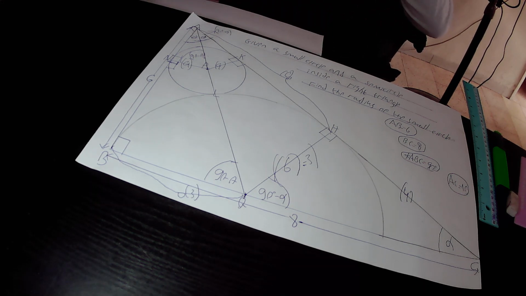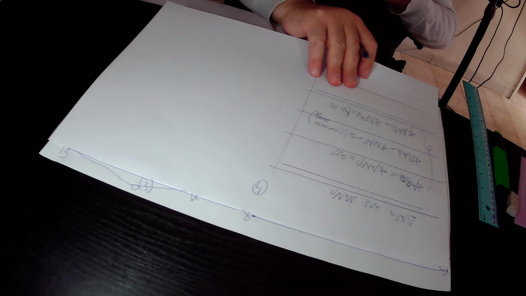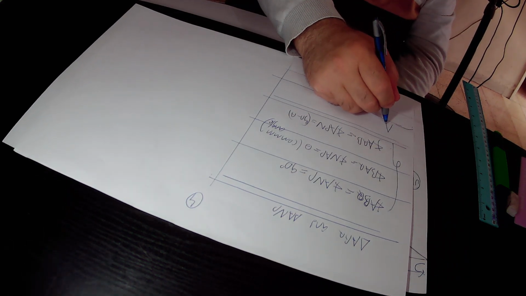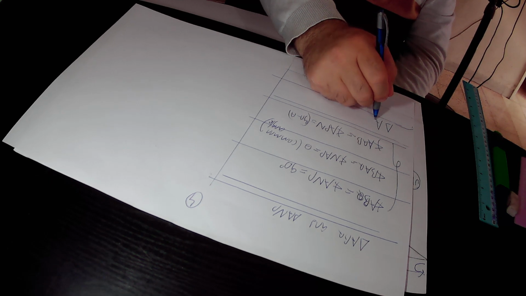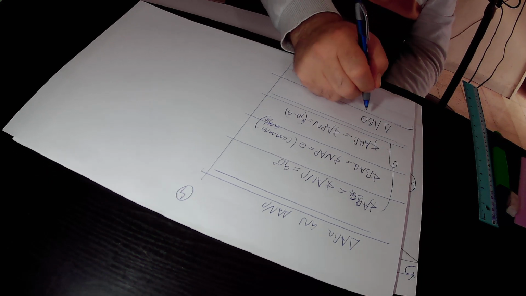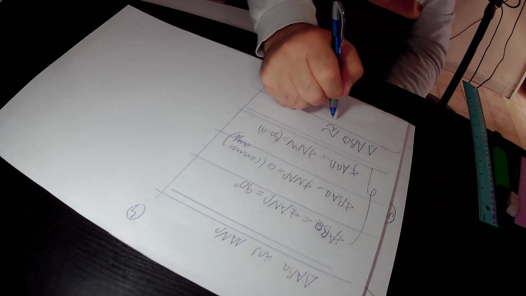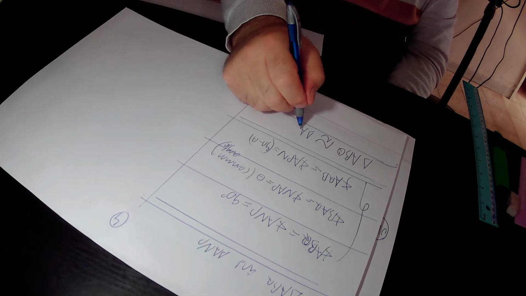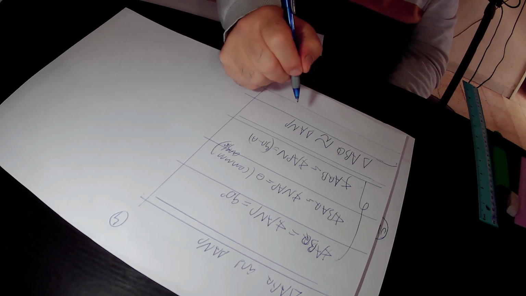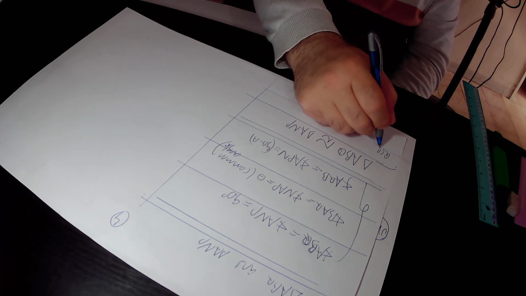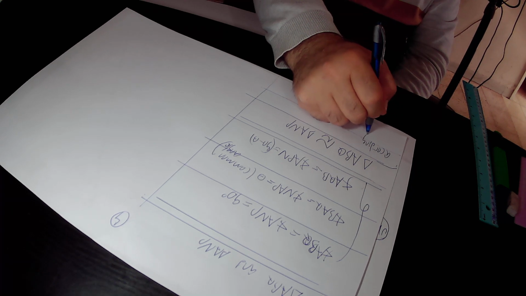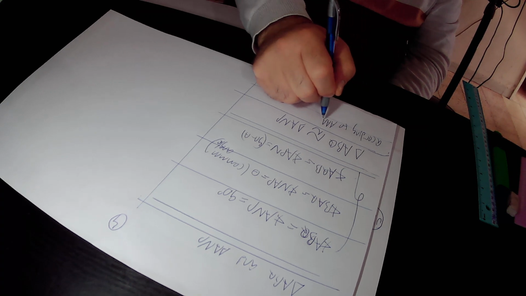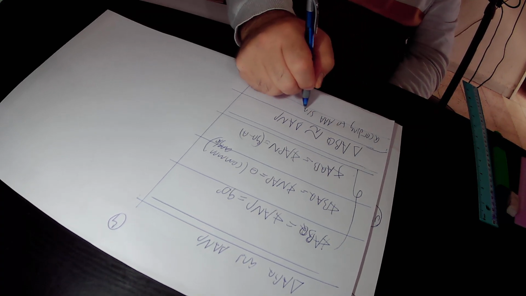So I write it down. The big right triangle ABQ is similar to, this is the sign of similar to, the small right triangle ANP, according to angle similarity rule.